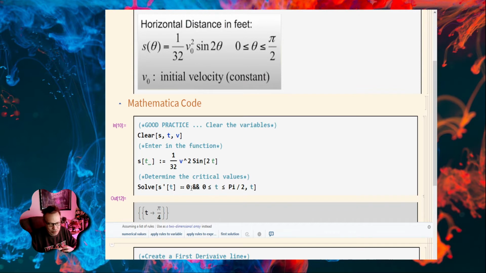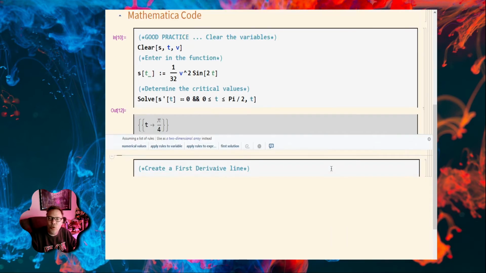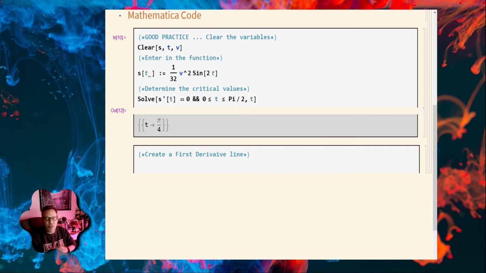So increasing, decreasing, I need to figure out where the derivative is positive and where the derivative is negative. I know my critical value is pi over 4. I want to draw a number line for this. I normally draw number lines to organize my thoughts. So prior to actually drawing a number line, I know I'm going to need to know the value of 0, a decimal approximation for pi over 4, and a decimal approximation for pi over 2.